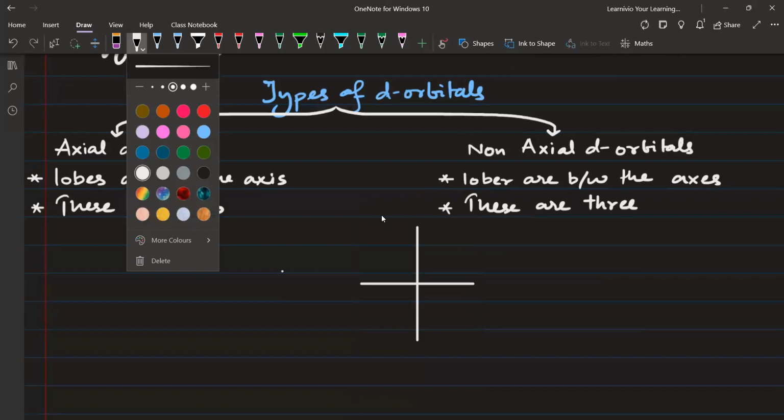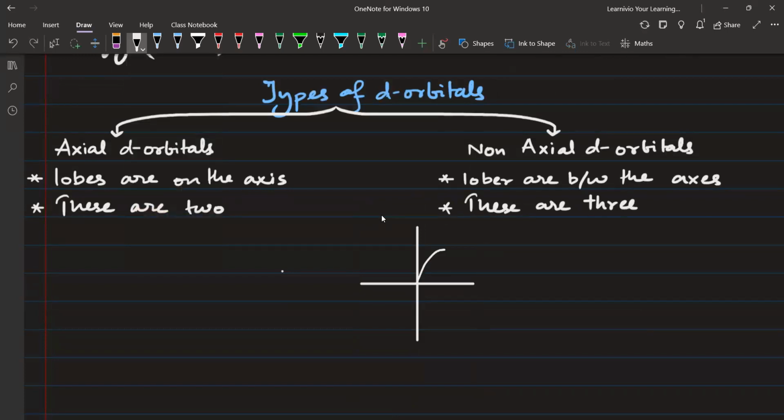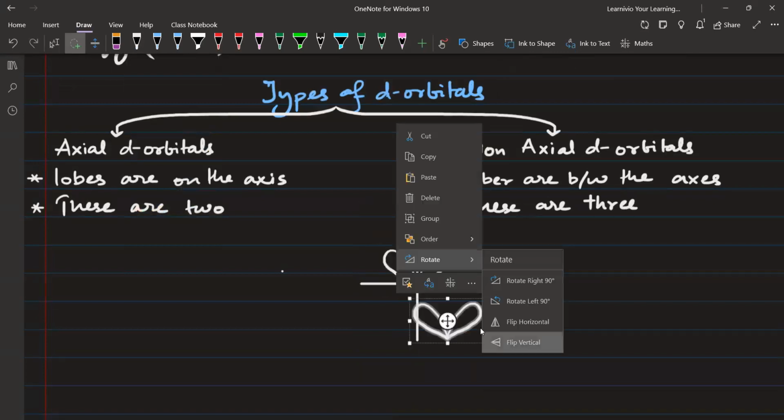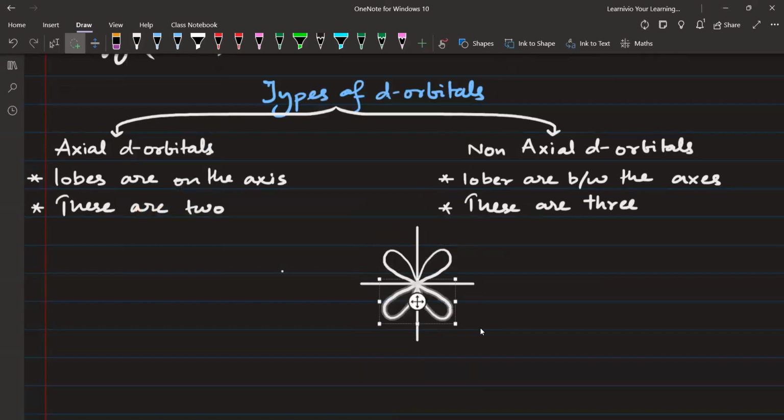The d orbitals look like this. Non-axial d orbital lobes are between the axes.